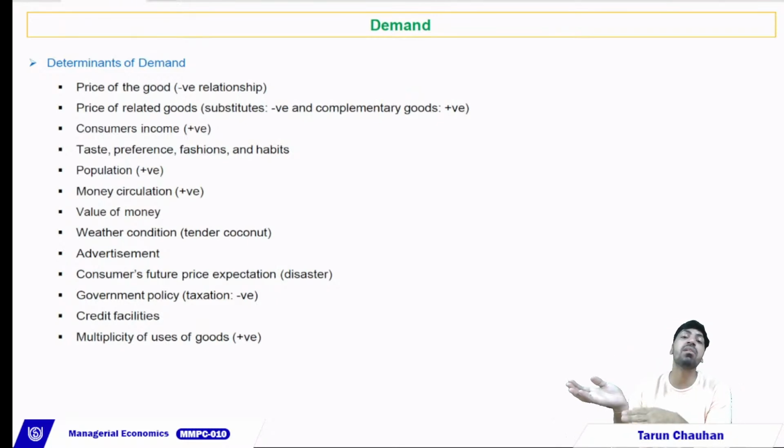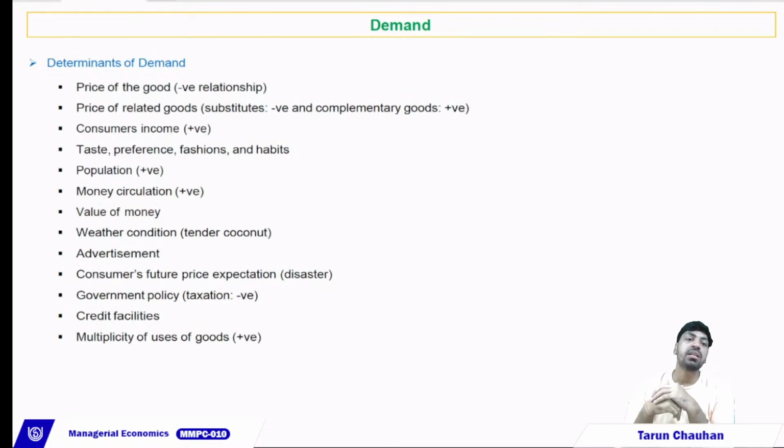If the ketchup is not available and French fries is available, then also it's no use. If both are available, then it's called complementary goods because they are used together. Without sauces, French fries become incomplete. So that's why it becomes complementary goods, and that shows a positive relationship of demand.